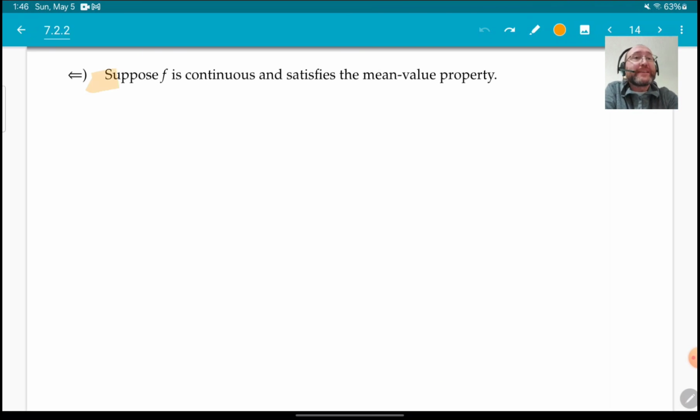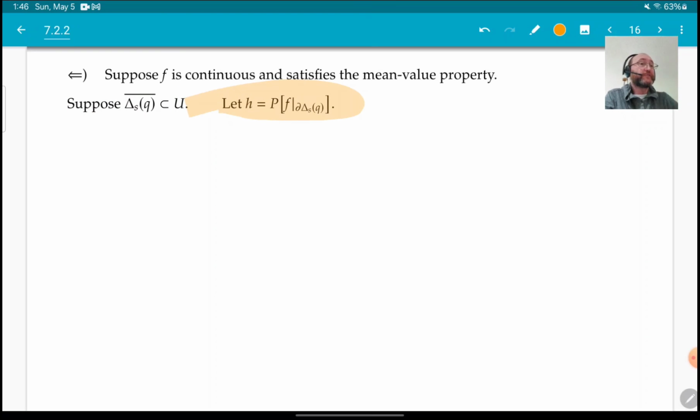So suppose that f is continuous and satisfies this mean value property from the theorem, right? So now suppose that we have some closed disk in U that's completely in U, centered at Q of radius S. Let's solve the Dirichlet problem with the values of the function f on the boundary of this disk, and let's solve inside.